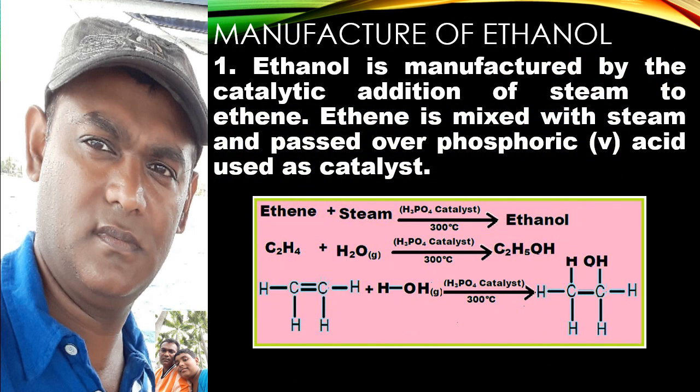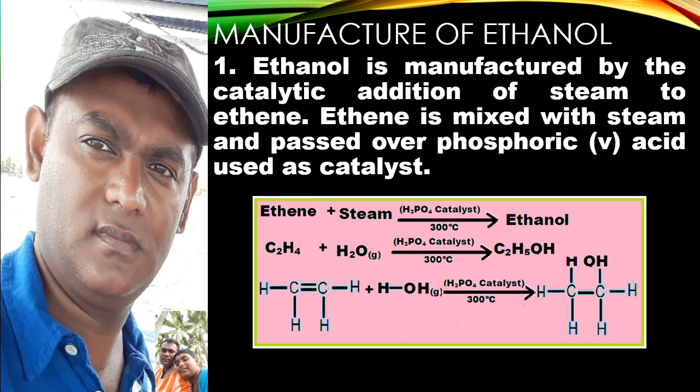Manufacture of ethanol. Ethanol is manufactured by the catalytic addition of steam to ethene. Ethene is mixed with steam and passed over phosphoric(V) acid. The phosphoric(V) acid is used as a catalyst. This reaction occurs at a temperature of 300 degrees Celsius, where ethene reacts with steam to form ethanol.